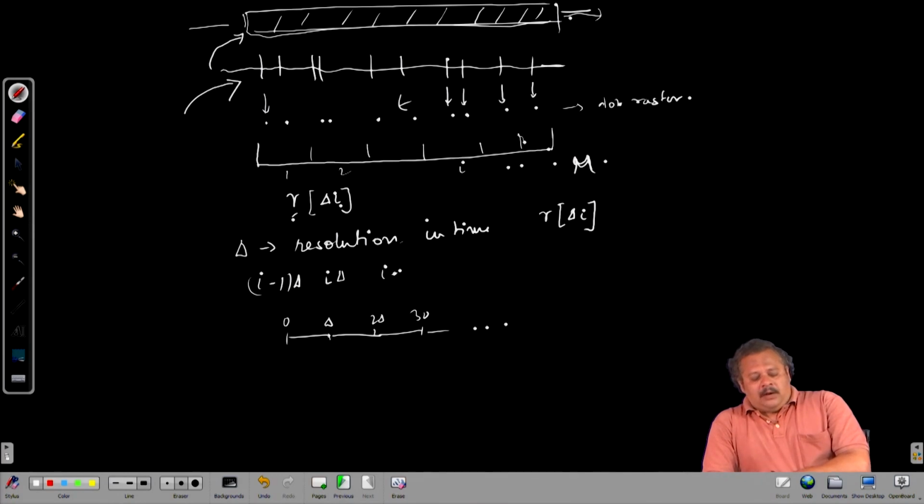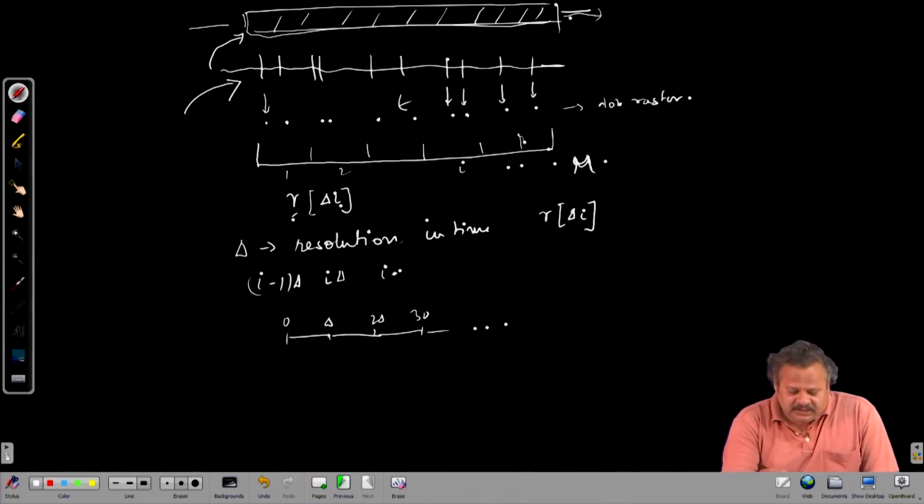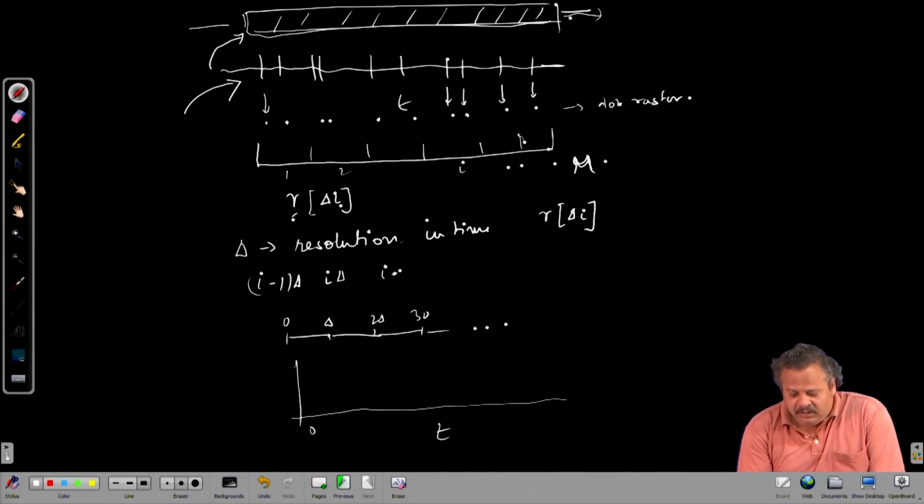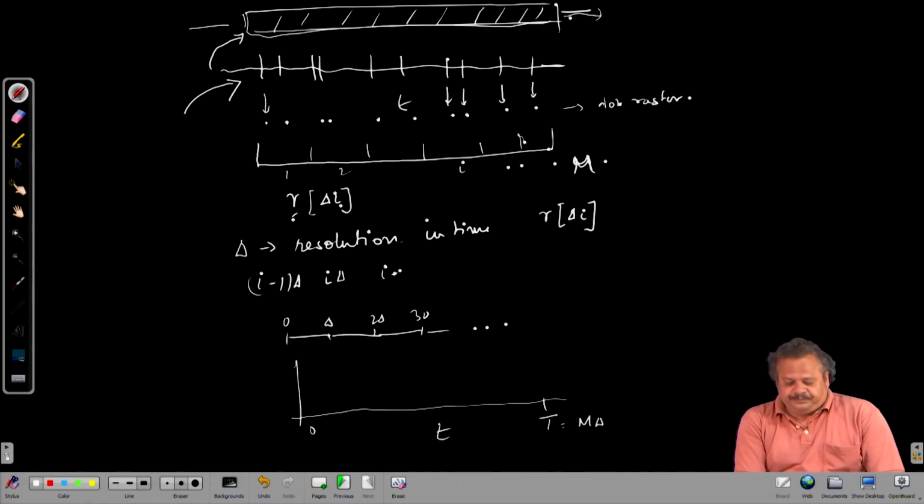What we are then left with is essentially a representation of the rate as a function of time, where this is time, this is 0, and this is our capital T, which is equal to M delta.